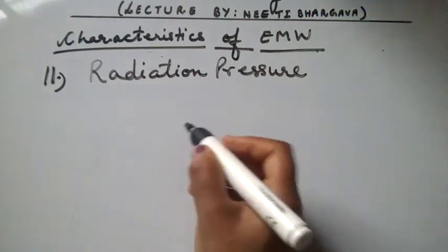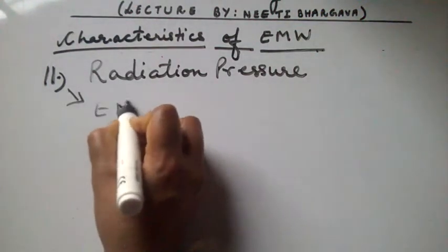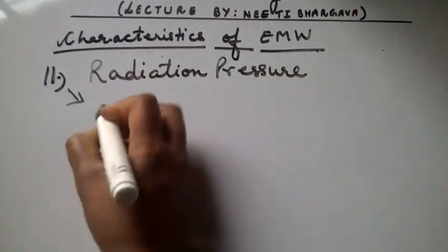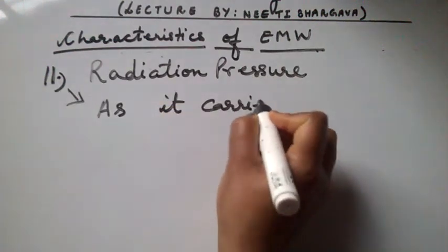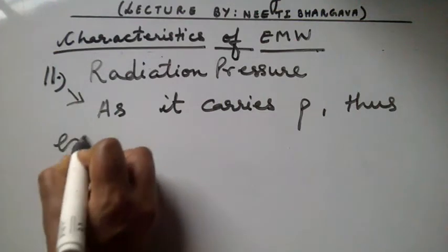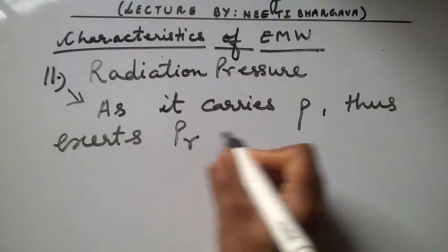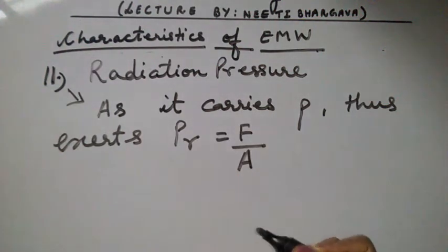So we can write that an electromagnetic wave, as it carries momentum, thus exerts radiation pressure equal to the force acting per unit area of the surface.